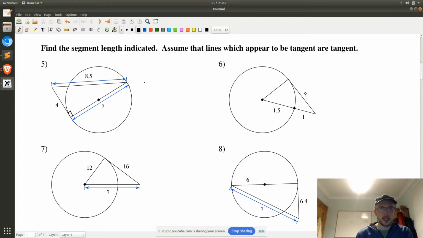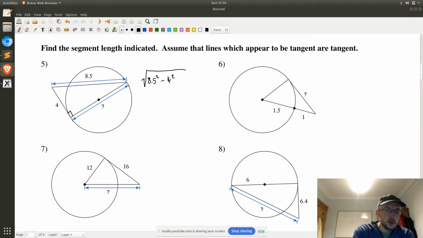So this is just an application of the Pythagorean theorem. So square root 7.5.